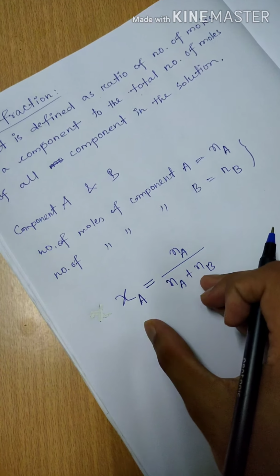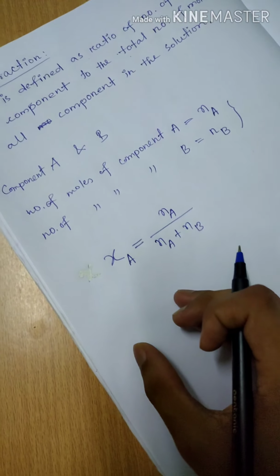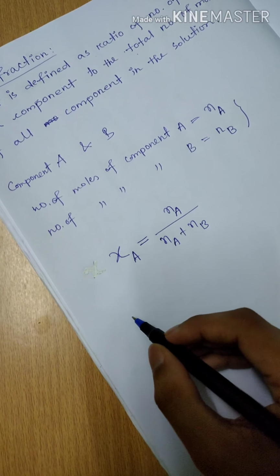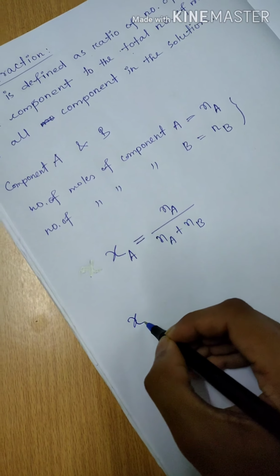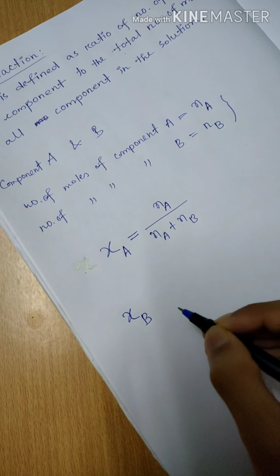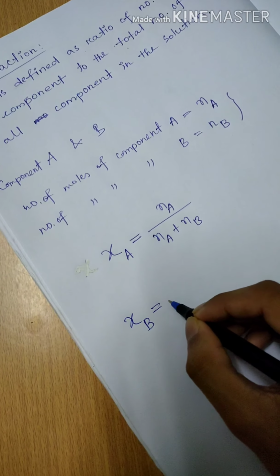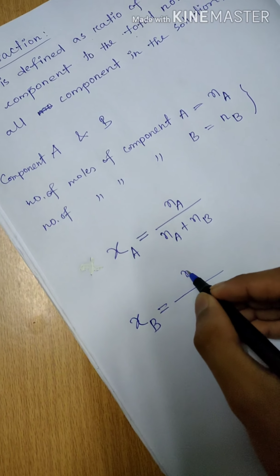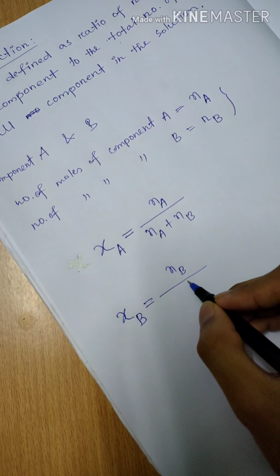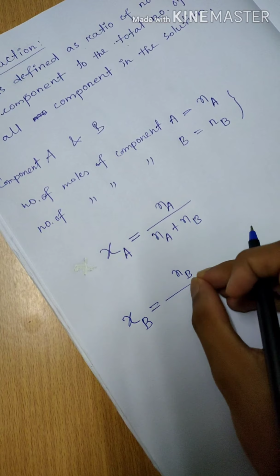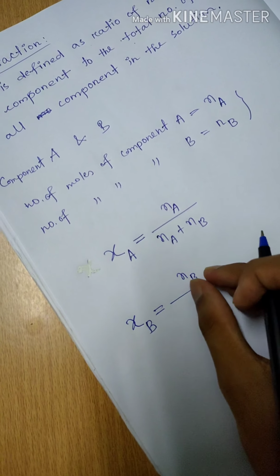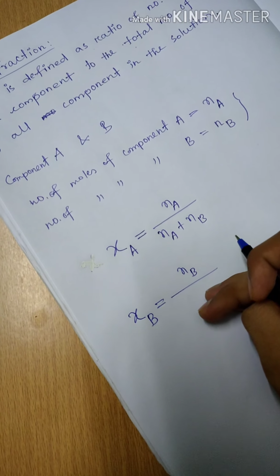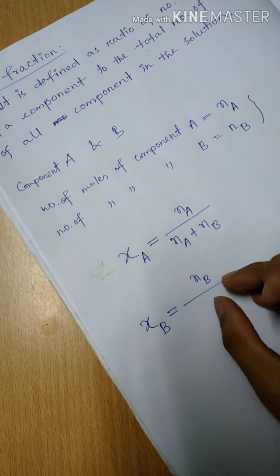Similarly, if we are asked to find the mole fraction of component B, how shall we write? The mole fraction of component B means xi B equals, in the numerator we write Nb, because we are finding the mole fraction of component B. Divided by the total number of moles of all components.